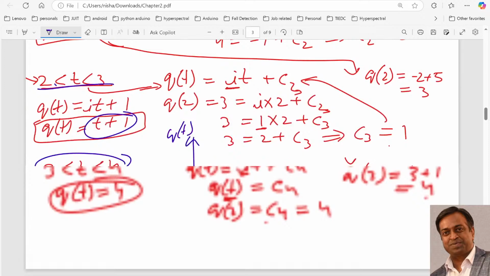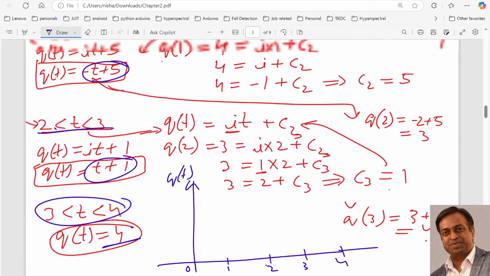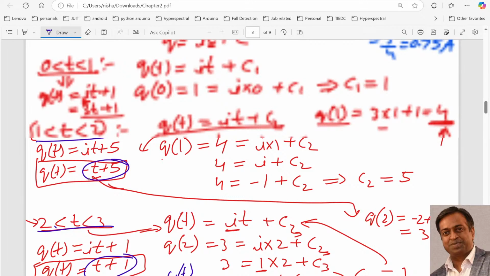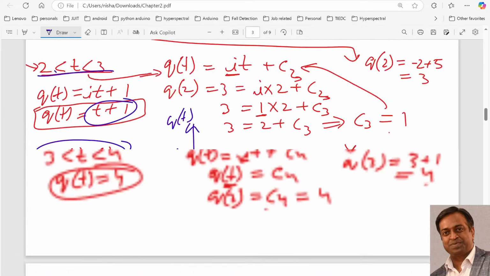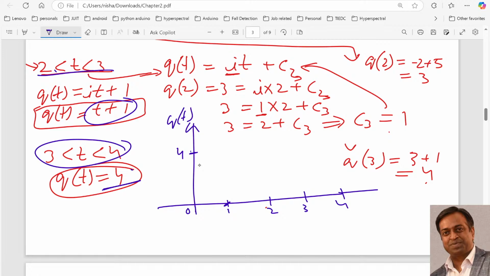So at t equals 0 my amplitude is 1, and at t equals 1, if I put t equals 1 in this equation, it is 4. So our graph will be like this between 0 and 1.